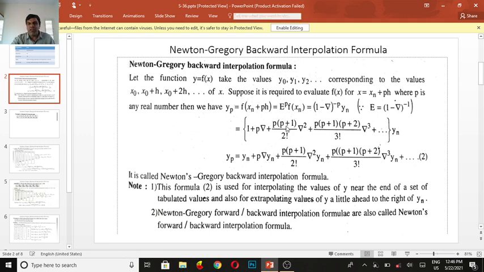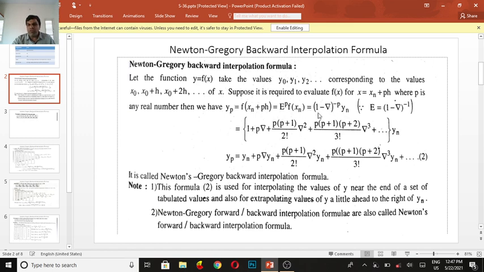Observe: yp equal to f of xn plus ph. Using the shifting operator, E should be equal to 1 minus delta whole raised to minus 1. So it is 1 minus backward delta whole raised to minus p yn.